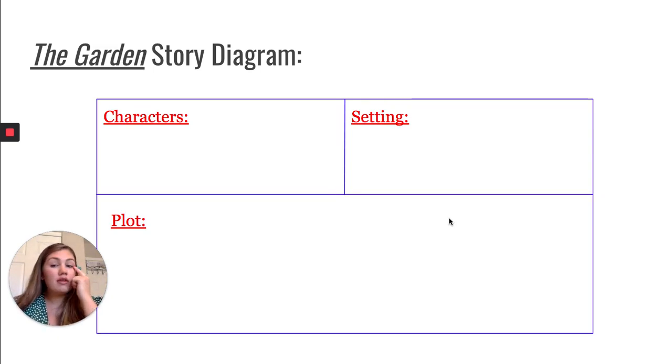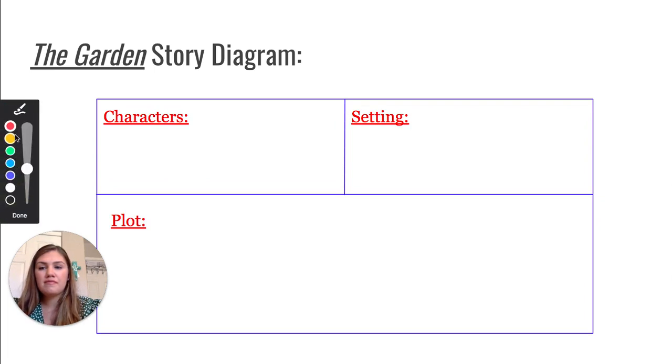In the first box in the top corner, you're going to put who the two characters were in that story. Go ahead and write them down if you can. If you don't know how to spell it, just wait. The first character was Frog.